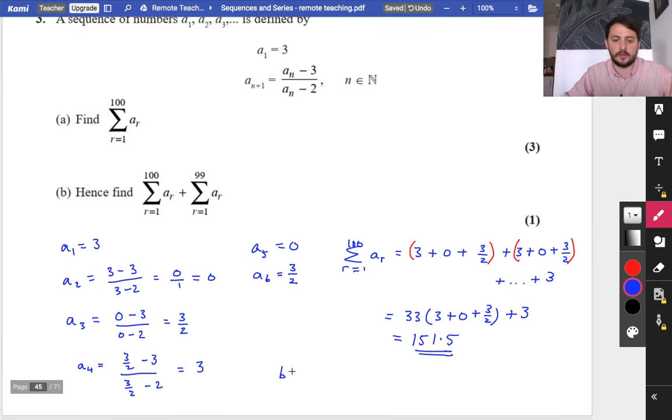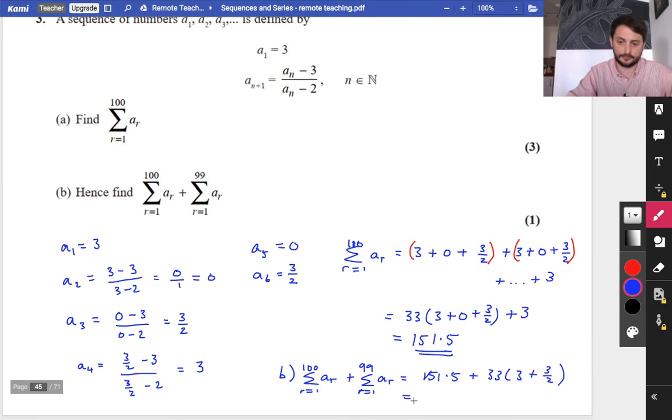So for part B of the question, if I want to do the sum from r equals 1 to 100 of AR, plus the sum from r equals 1 to 99 of AR, well, it's 151.5, because we've just worked that bit out, plus 33 lots of the 3 plus 0 plus 3 over 2, but I'm not going to bother writing the 0 this time. So I'm just going to add those together. So that's 3 plus 3 over 2 multiplied by 33 plus 151.5, and we get the answer 300.